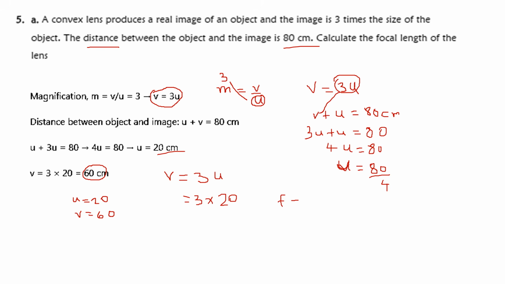So V is 60. U is 20. So adding this, by the way, this is supposed to be 1 over F. So adding and simplifying will give you the value of F, the focal length, as 15.